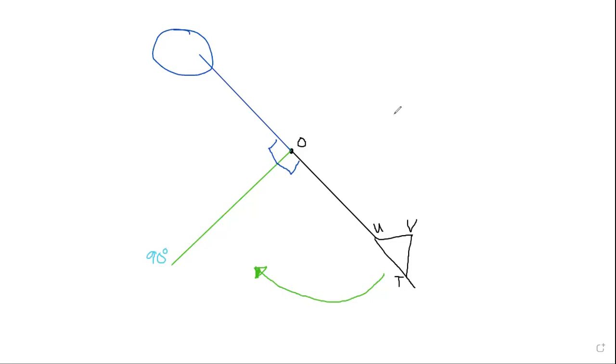So let's now go to letter B. Letter B is 270 degrees in an anti-clockwise direction. If this is your center of rotation and the object is located in here, draw the image.